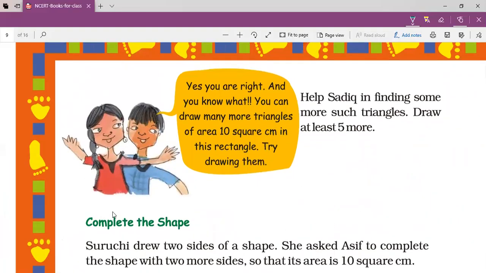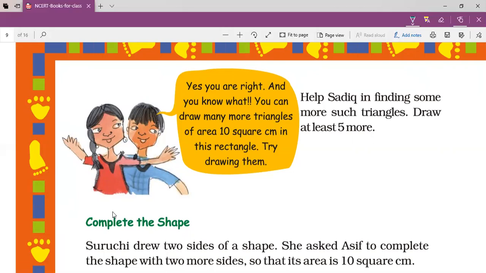Now they are saying, yes, you are right. You can draw many more triangles of area 10 square centimeters in this rectangle. Try drawing them. Now they are saying that the areas we found for both triangles are the same.